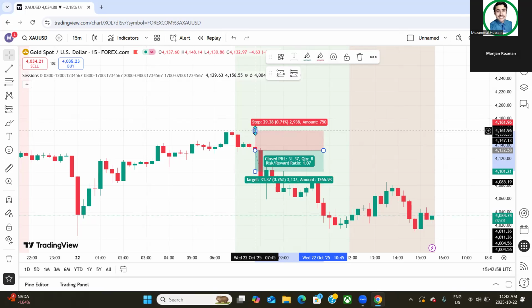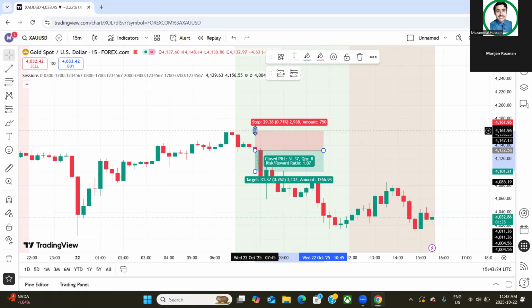Because starting at 7, if like yesterday we had right away, let's say, three red candles from 7 o'clock when the market opens, if you got the first two red candles going down, on the second we put the position.